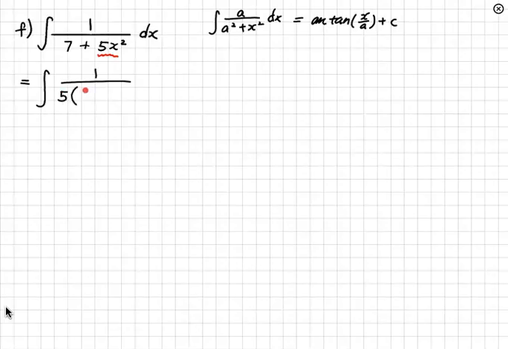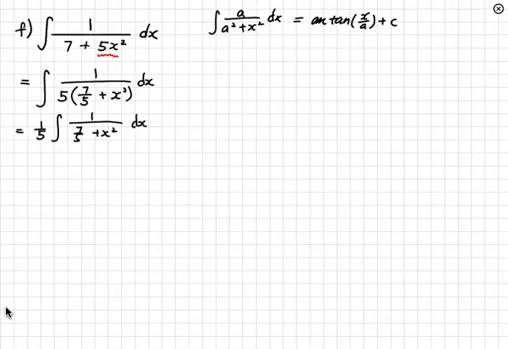And in order to get 7, we must have 7 on 5. So when you expand the bracket, that will give us 7 plus x squared of dx. Now, we can take 1/5 out of the integration. That will give us 1 over 7 on 5 plus x squared of dx.